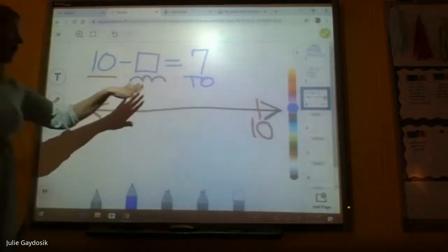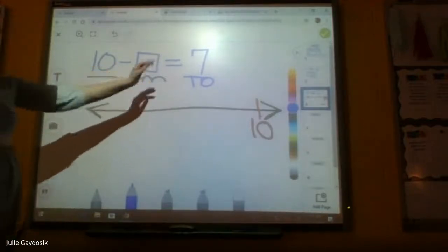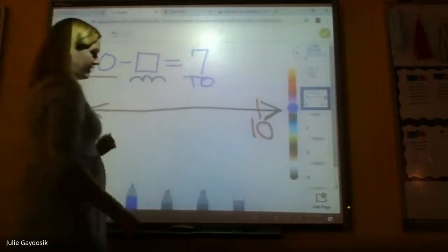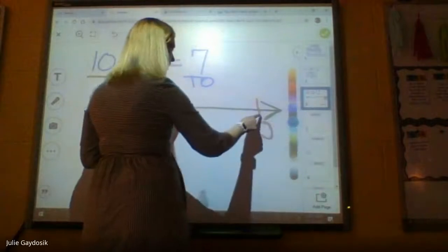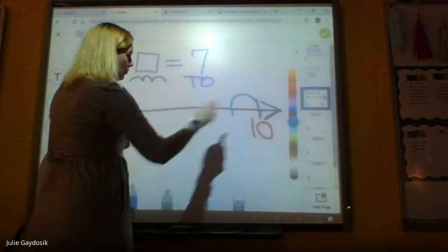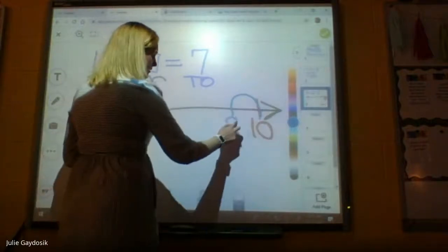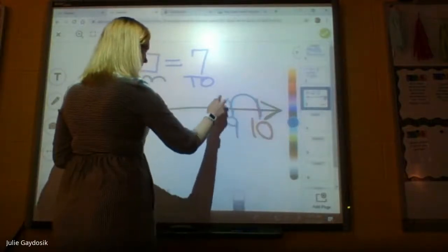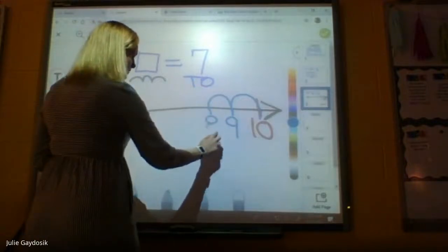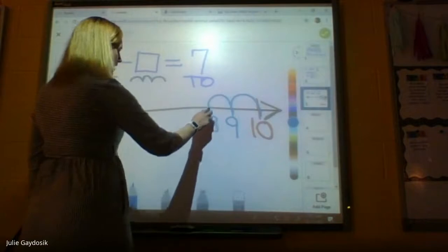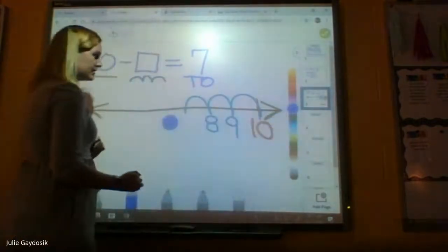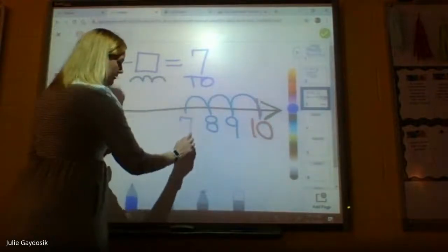So I don't know how many hops it takes to get to 7. So I want to get to 7. I'm going to start hopping backwards. 1 minus 10 is 9, not at 7 yet. 1 minus 9 is 8, not at 7 yet. 1 minus 8 is 7.